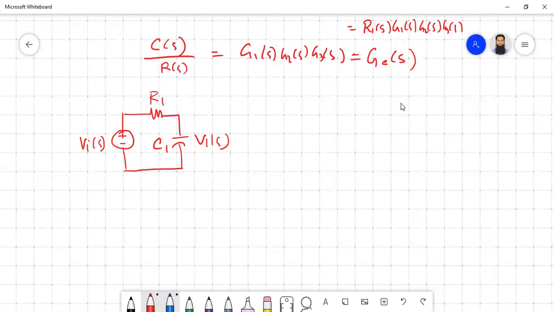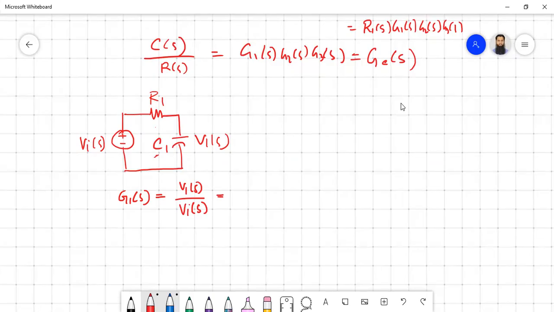So we can definitely say what the transfer function of this one will be. The transfer function G1S is the output voltage V1S divided by the input voltage ViS. Now, to figure out the transfer function, it is a voltage divider, so this impedance divided by the total impedance.